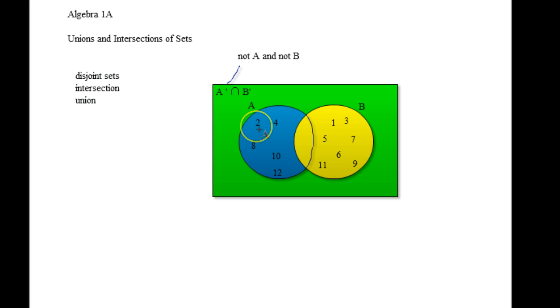So let's say we had all the numbers 1 through 11 in here, and I know I forgot the 6 over on the other side. So I have all the numbers 1 through 12: 1, 2, 3, 4, 5, 6, 7, 8, 9, 10, 11, 12. Yep. And I just have these numbers over here.